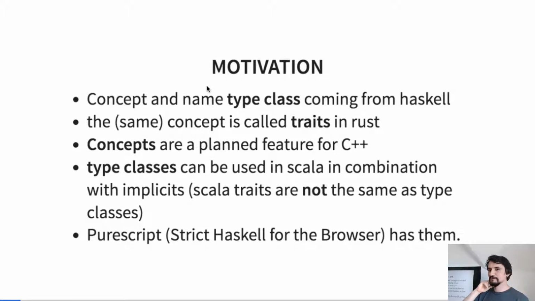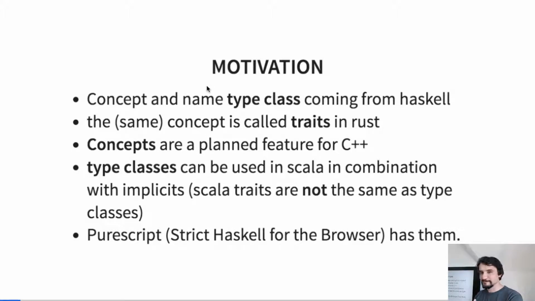So first question to all of you: who knows what a type class or a trait is? Okay. Then there are also type classes in Scala. Maybe you know traits in Scala. Does anyone know traits in Scala? Those are interfaces, right?